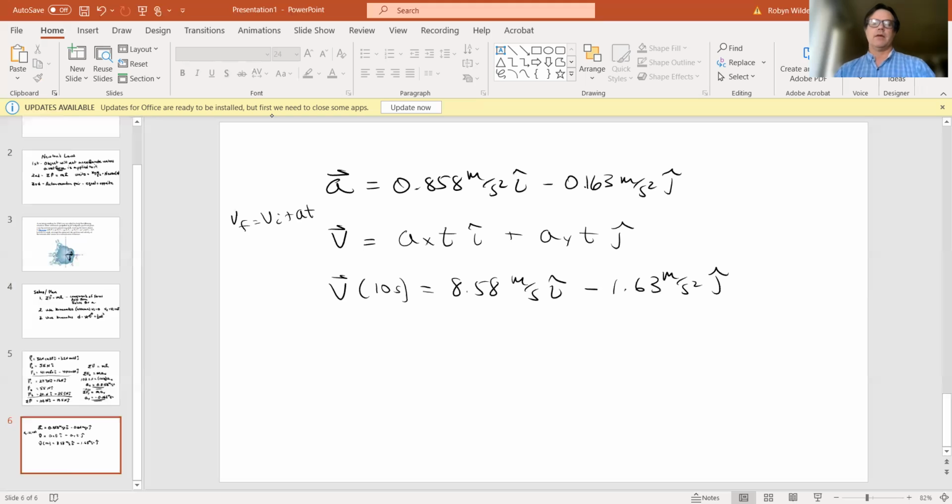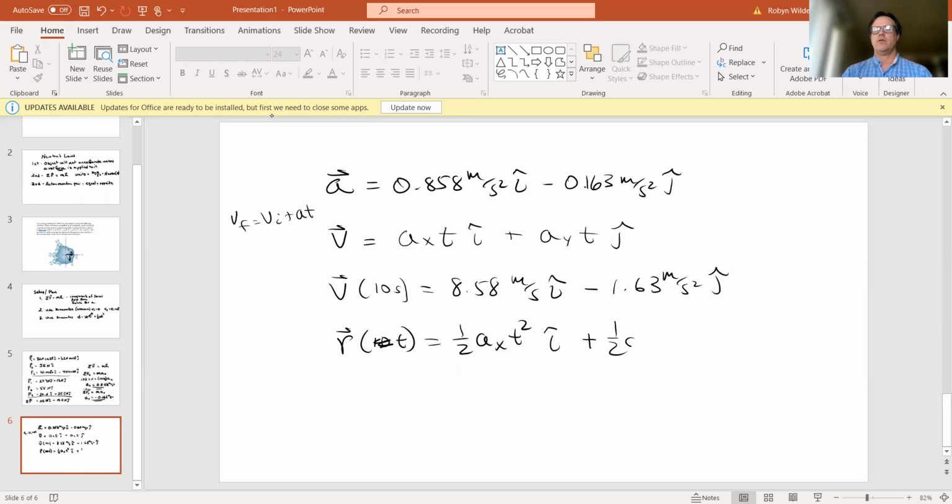Okay. Now to get my distance, or let's say my position vector really, at 10 seconds or at any time, let's first of all just do it for any time. Instead of using AXT, I use 1/2 AXT squared, right? Again, V initial is 0 in either the x or the y direction. So I just use my x and y components.